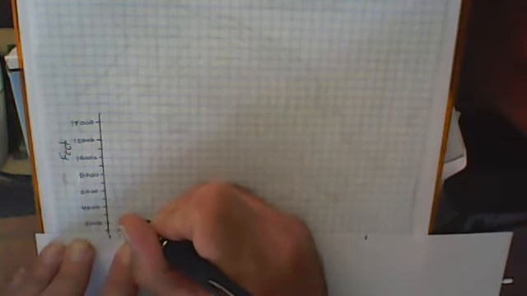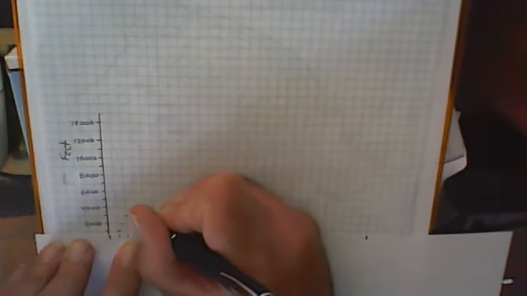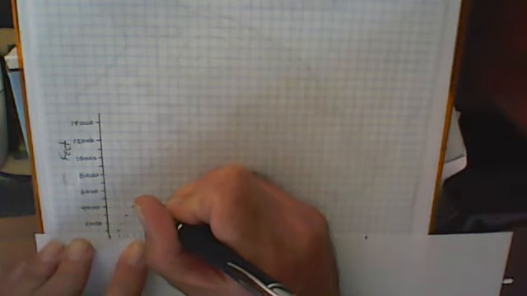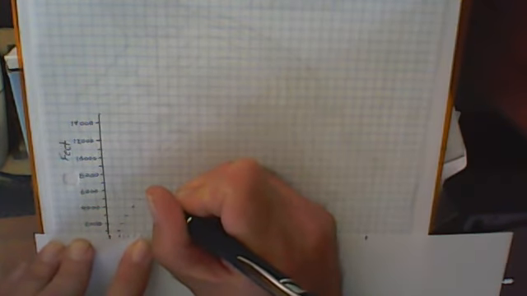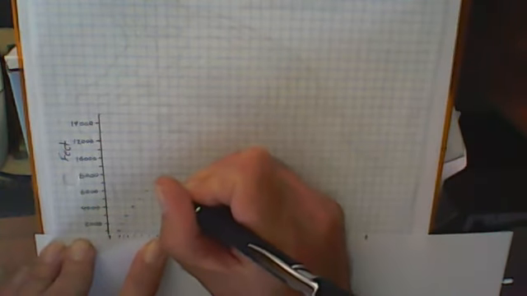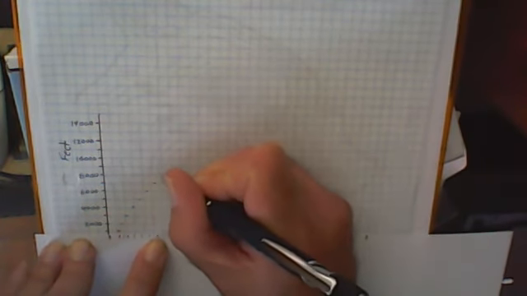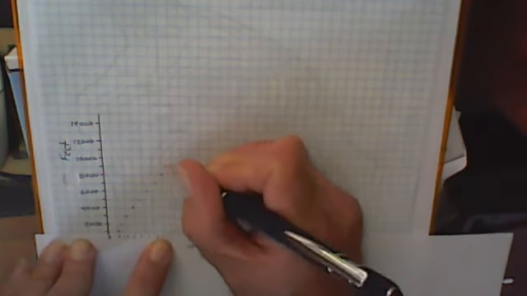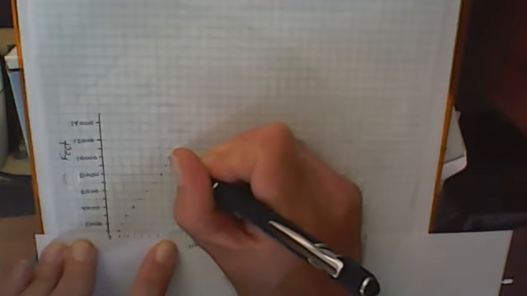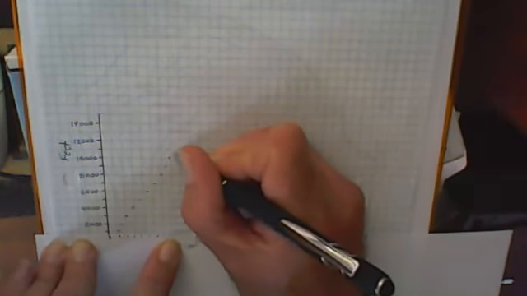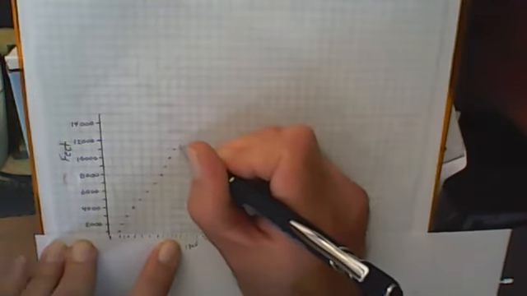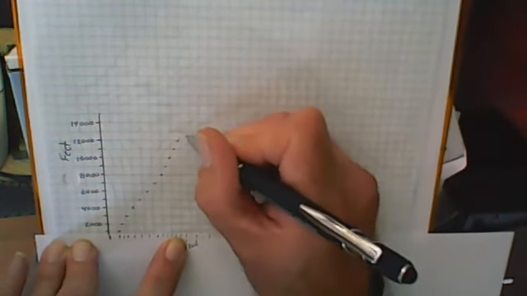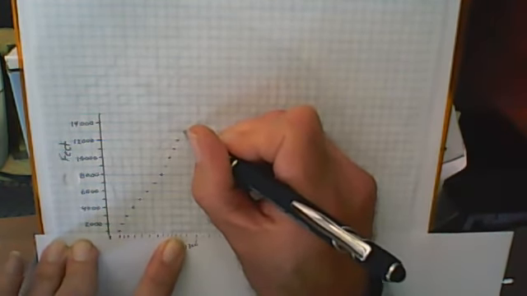They just carry these up. 3,000, 4,000, 5,000, 6,000, 7,000, 8,000, 9,000, 10,000, 11,000, 12,000, 13,000.